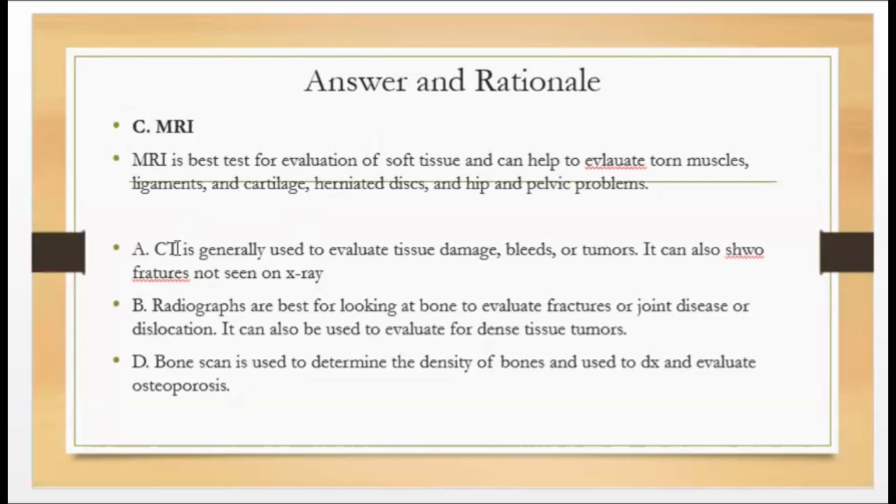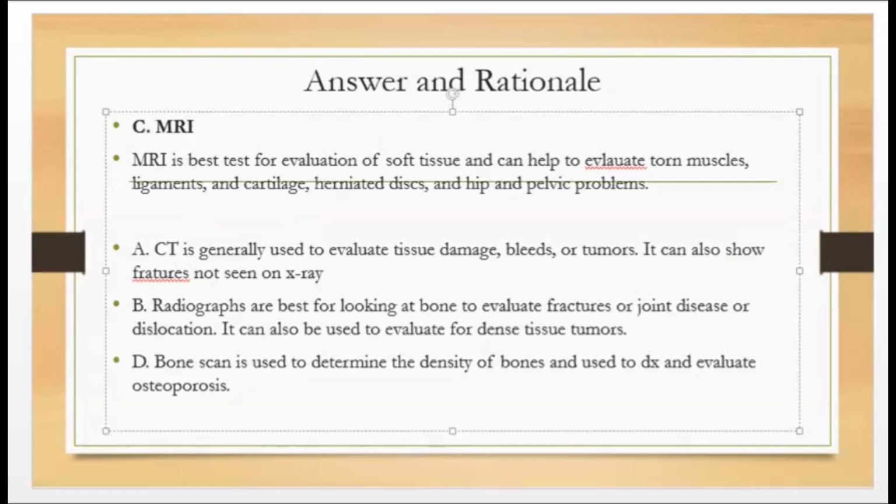Then what do we do with CT? CT is usually anything about bleeding, tumor. But for questions on CT, you need to remember, if they tell you a patient has, like, you are suspecting subarachnoid hemorrhage, subdural hematoma, all those things, what do you do?